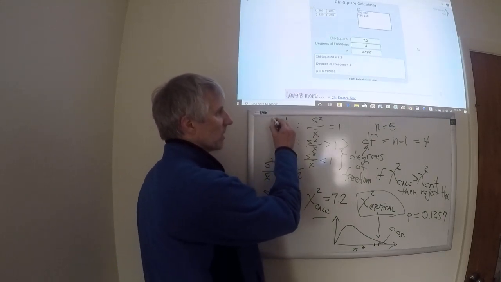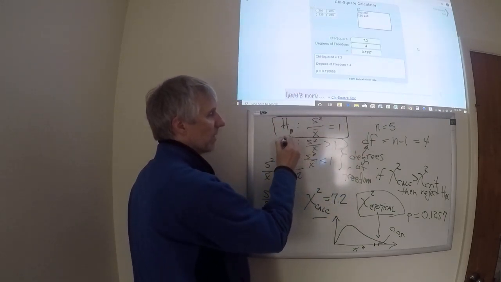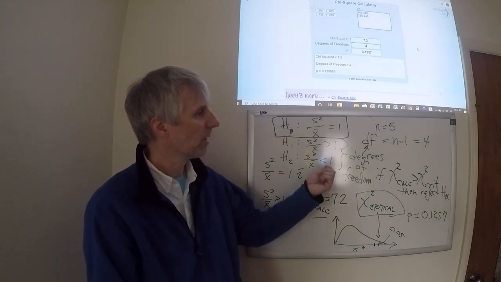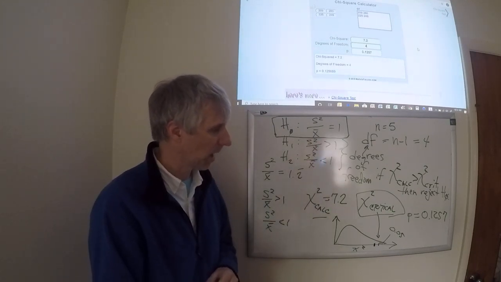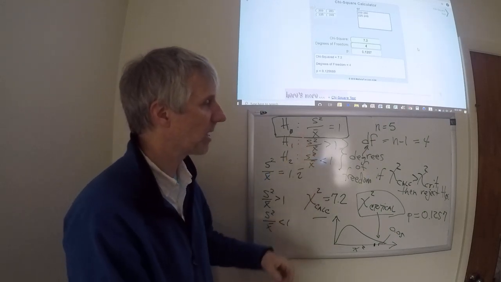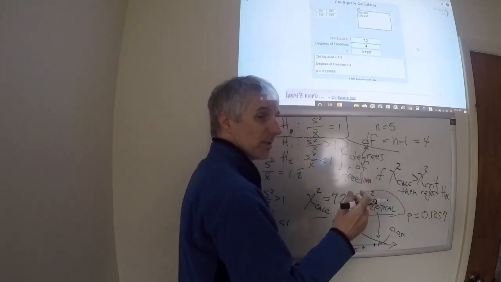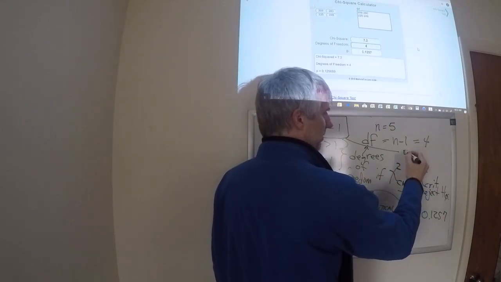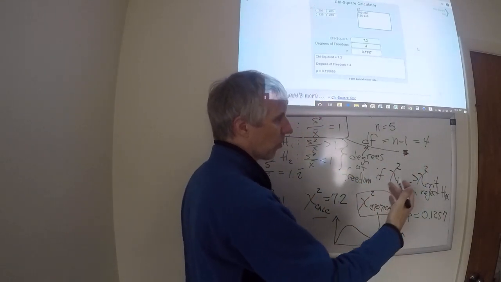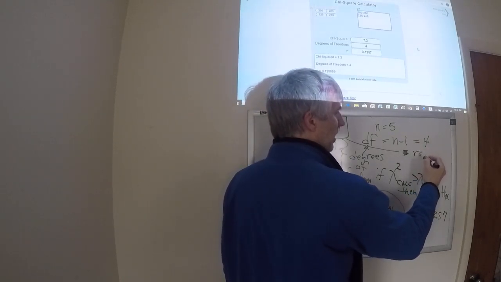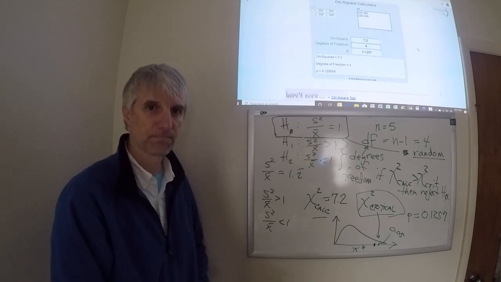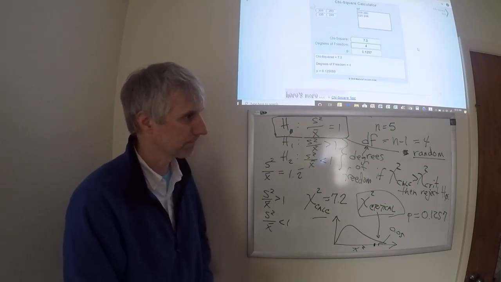This tells us that the variance to mean ratio was not significantly different from 1. We failed to reject the null hypothesis. And this tells us that the dispersion of our organisms in space is what we would call random. Okay? All right.